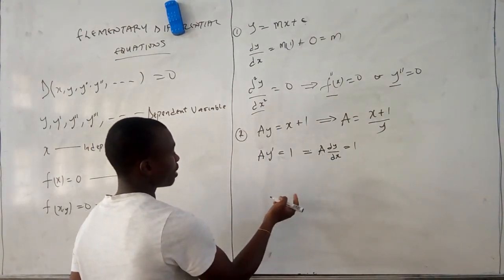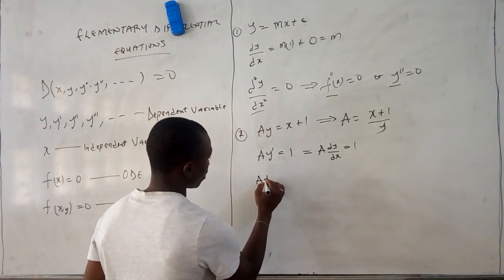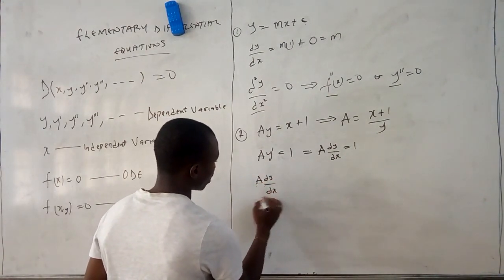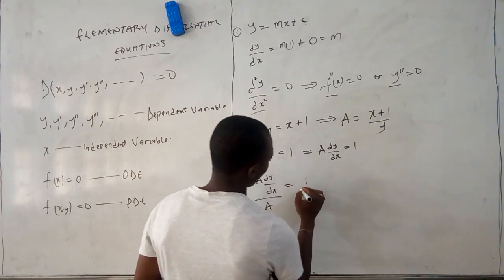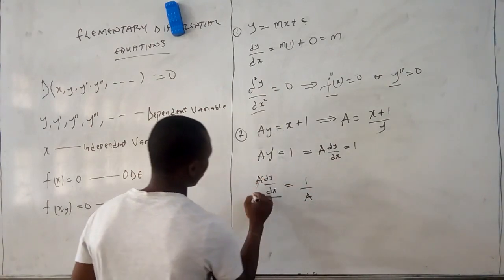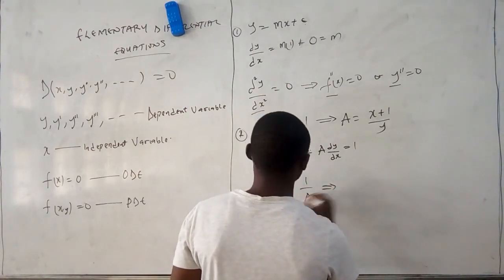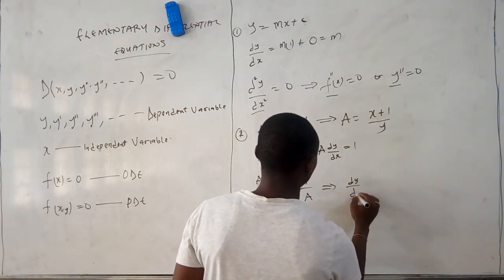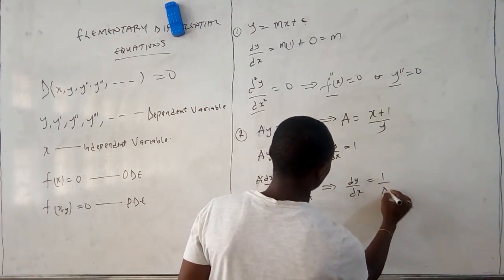So you divide both sides by a. You have a dy dx divided by a is 1 over a. This will go with this. We are left with dy dx is equal to 1 over a.